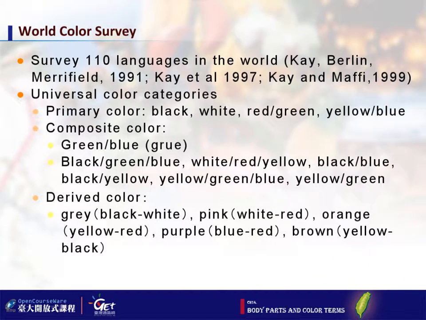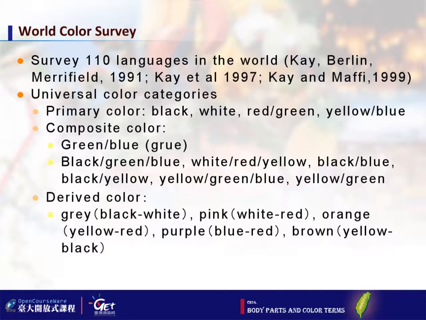The World Color Survey was done, and it surveyed 110 languages in the world, done by Kay, Berlin, and Merrifield in 1991, 1997, and 1999.